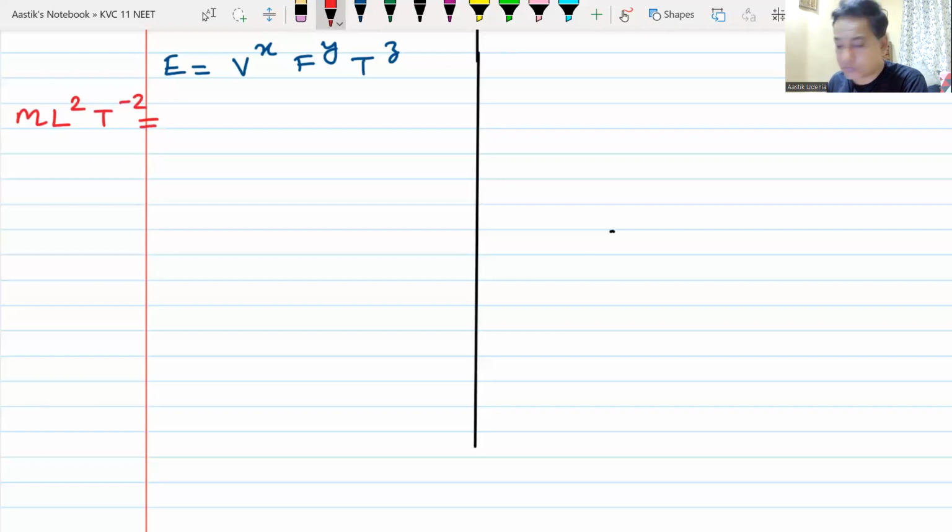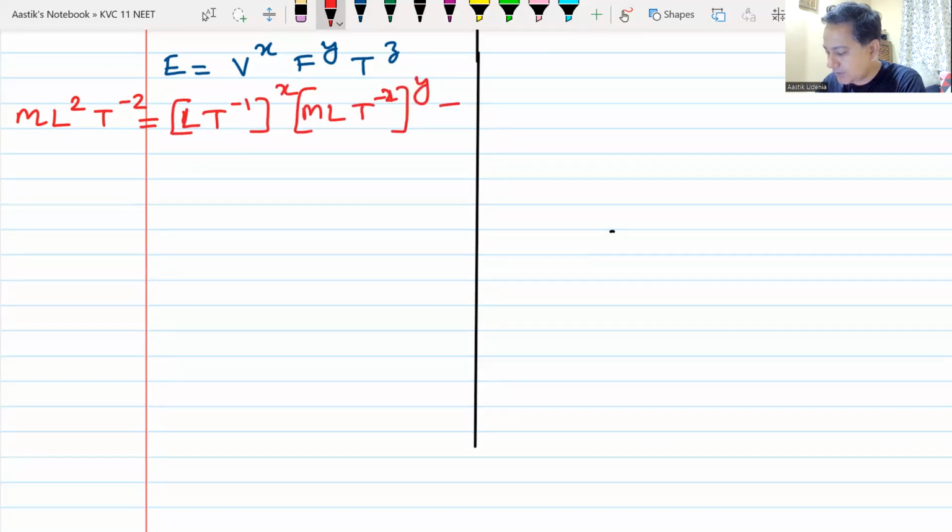That must be equal to velocity, which is L T minus 1, raised to the power of X. F is force, M L T minus 2, raised to the power of Y, and T is time raised to the power of Z. We just need to equate the coefficients and get the values of X, Y, and Z.